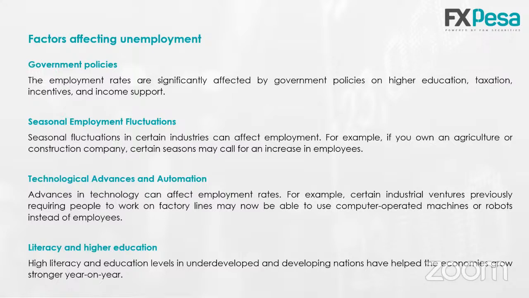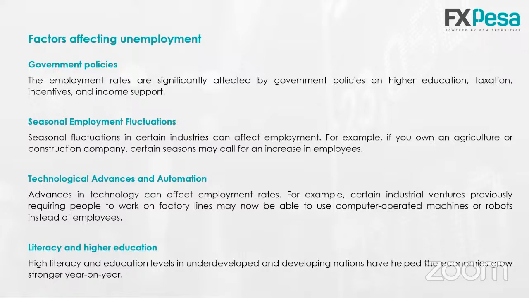So for example, if you take the agricultural sector or construction sector, certain jobs are seasonal depending on the demand of houses or buildings. Again, in respect to agriculture, seasons affect production.